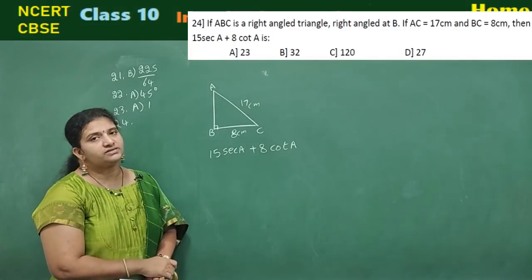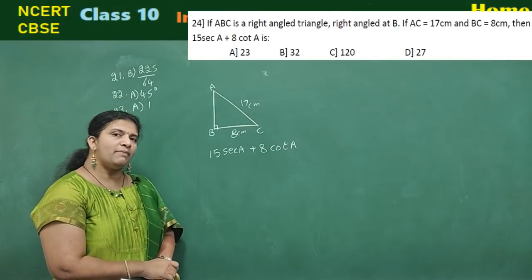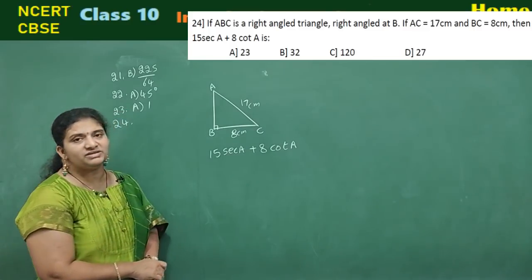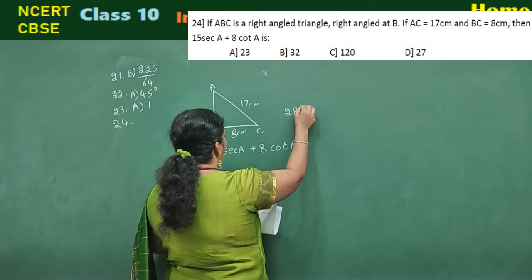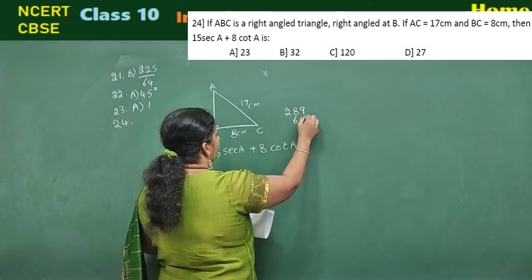Apply the Pythagoras theorem formula and find the missing side. Using Pythagoras theorem, AC square is equal to AB square plus BC square. When you need AB square, from the hypotenuse square you subtract the other square. 17 17s are 289, 8 8s are 64.